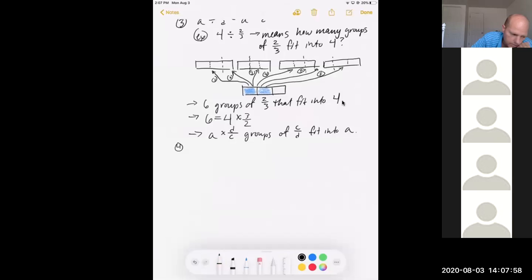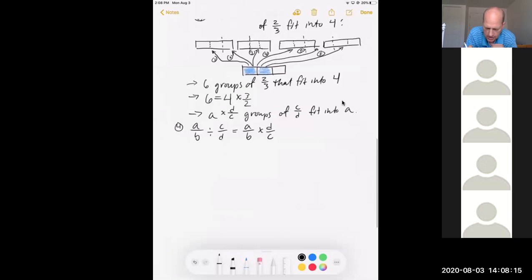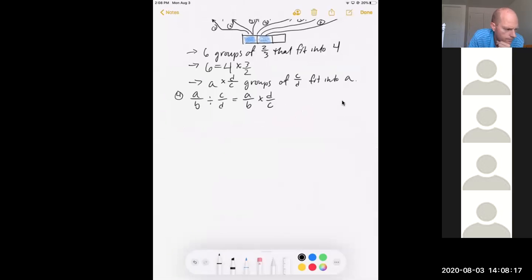And part number 4 is when A over B divided by C over D is equal to A over B times D over C. This is the tricky one. So I'm going to do 4/5 divided by 2/3.